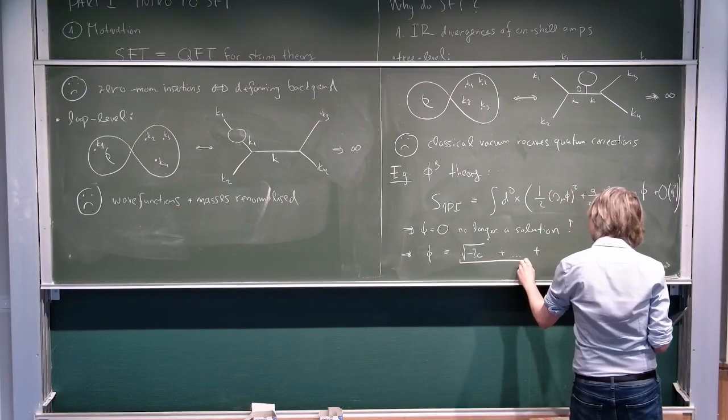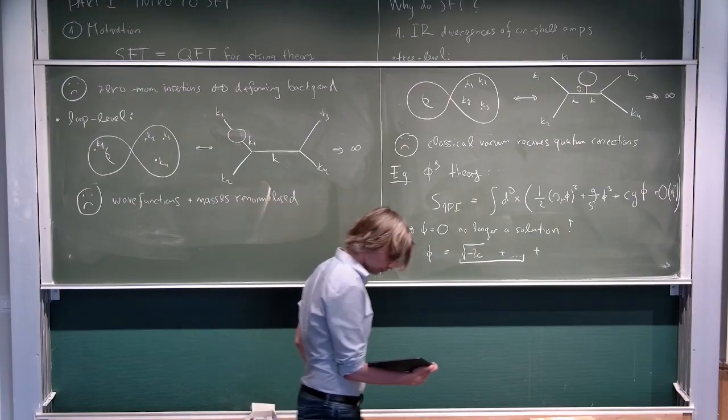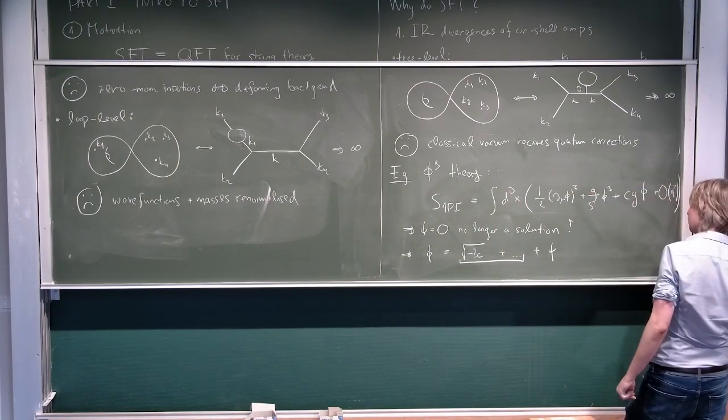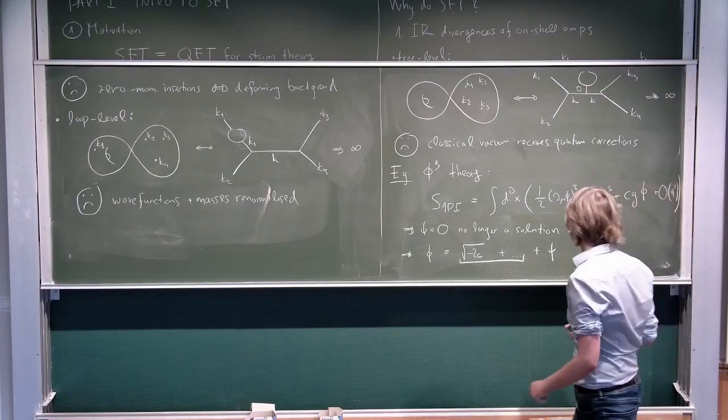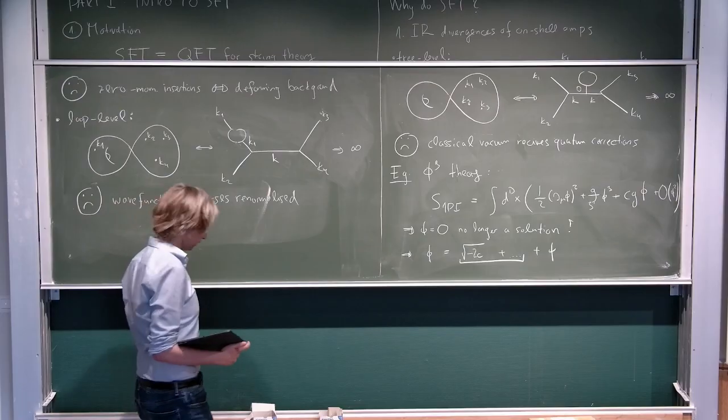So this will be the new quantum corrected vacuum for the phi cubed theory, plus some new fluctuation which I denote with psi. And then when we do perturbation theory in psi, we should recover again finite results.